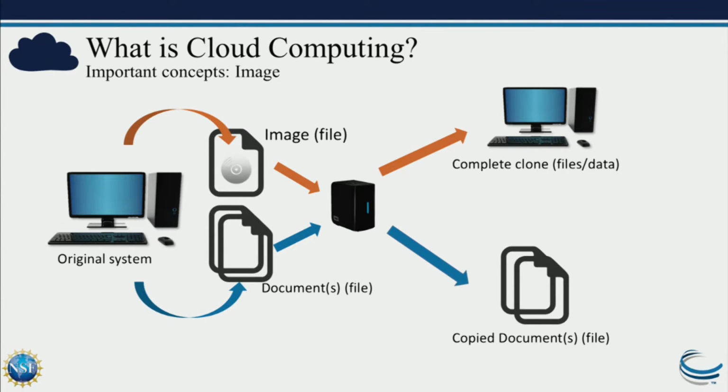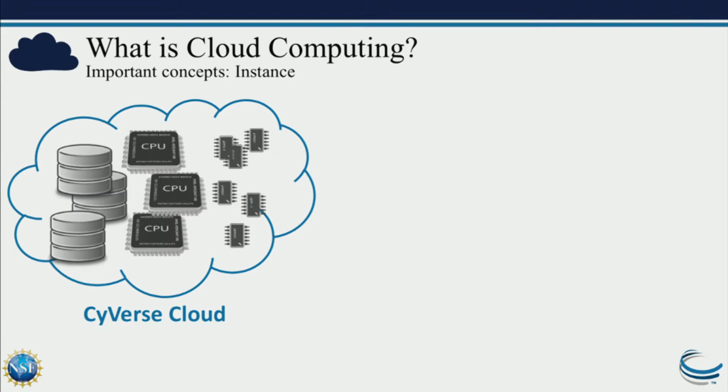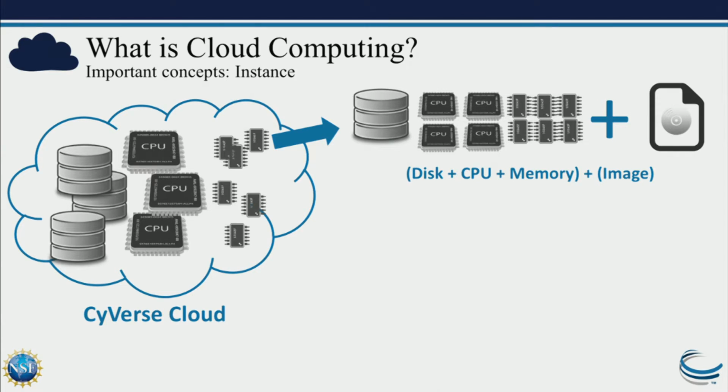Okay, second concept is an instance. In the CyVerse cloud, we actually have physical resources. So we have disks, we have memory, we have CPUs, and what you request from us when you're using the Atmosphere Cloud is a certain amount of these, an allocation. So you know you need this much memory, you need this much disk space.